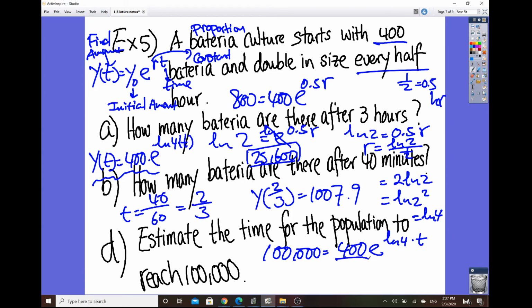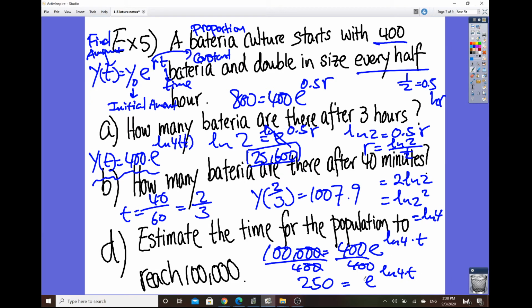So first thing that you want to do, divide by 400 both sides, and then you want to reduce. Cross out the common zeros. And now we are left with 1000 divided by 4, which is 250. So that equals e to the power of natural log of 4 times t.